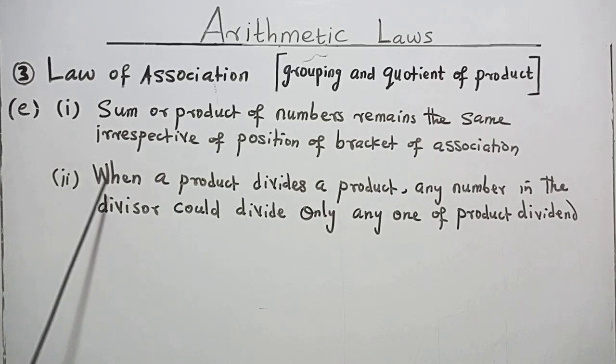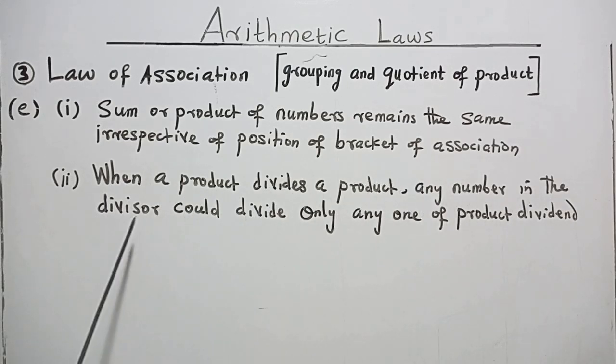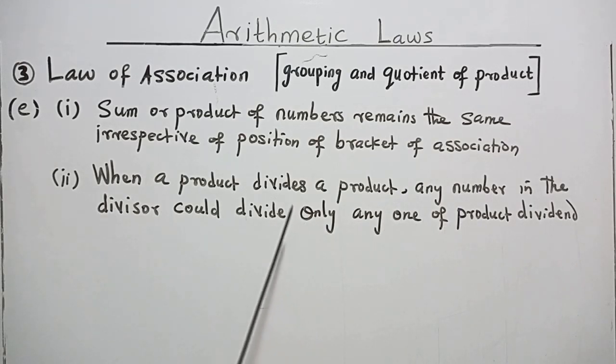Next, when a product divides a product, any number in the divisor could divide only any one of the product dividend. I hope this also captures the sentiment you got when we talked about and carried out number operations of dividing a product by a product.